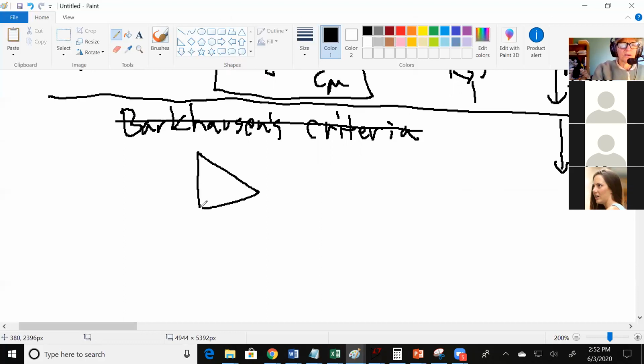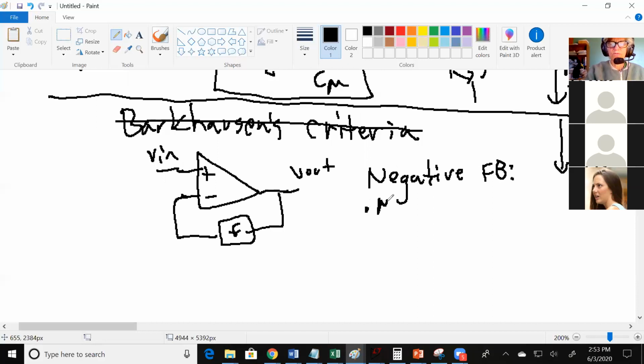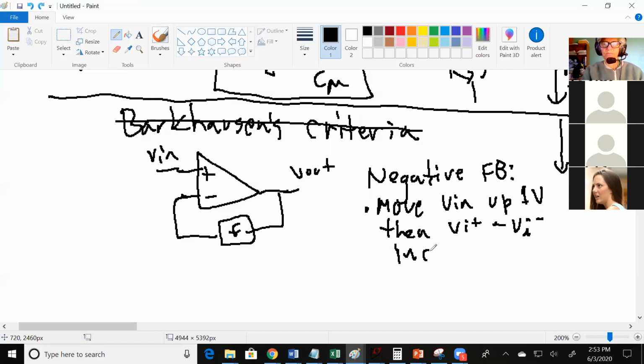So if you have some feedback, negative feedback, I think we mentioned this before, but if I move V in up, let's say 1 volt, just as an example, then VI plus minus VI minus increases by 1 volt.